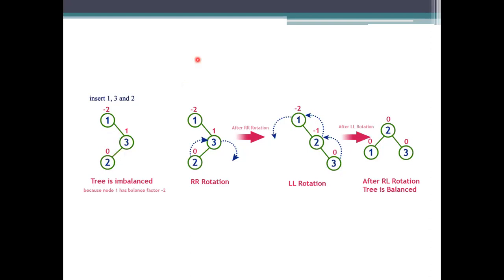Rotating to the right side means the elements we are considering, the 3 will be placed here, 2 will be placed here. Meaning 3 will become the right child, and 2 will become the right child of the 1. Now see, after rotating the values here, we got 1, 2, 3.